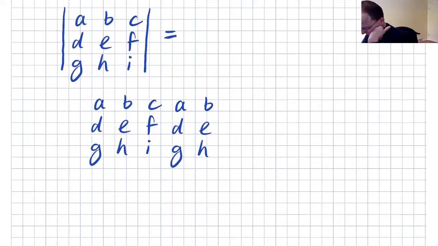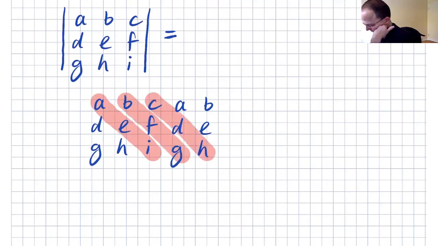There are these 3 diagonals: A, E, I, B, F, G, and C, D, H. I'm going to multiply those together and add them. So I get AEI plus BFG plus CDH.